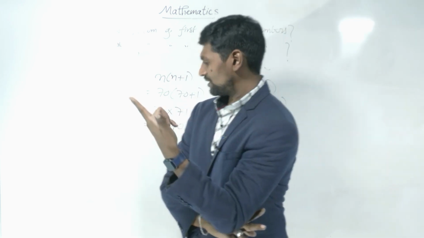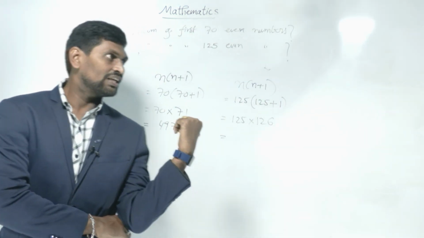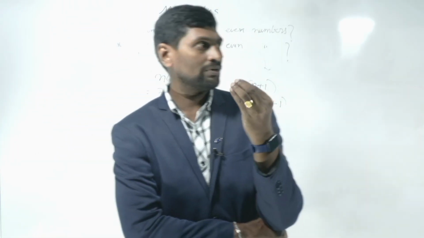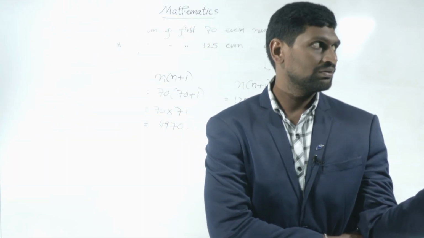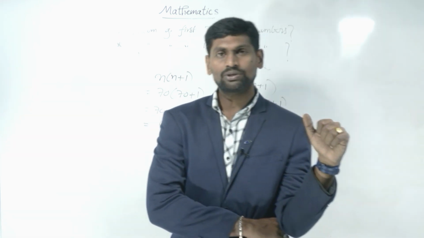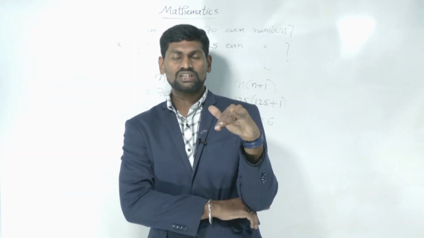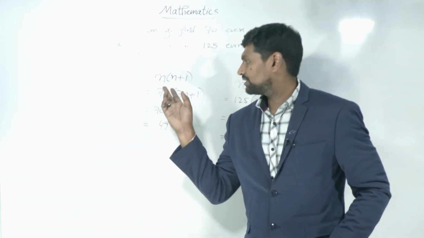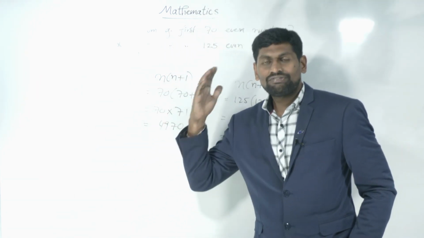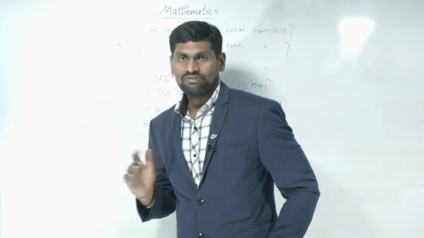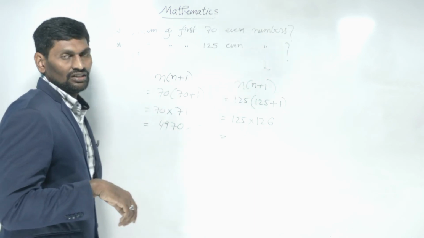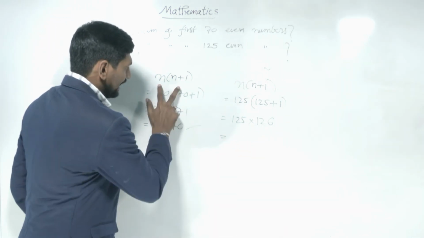Then even numbers are the numbers which are exactly divisible by 2. So the sum of the first n even numbers is n into n plus 1.